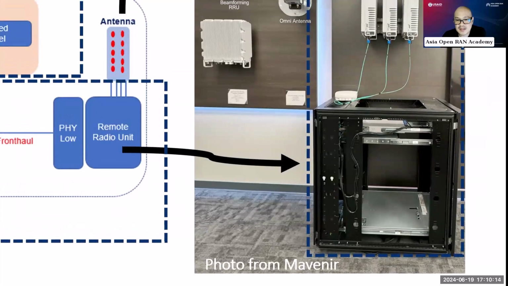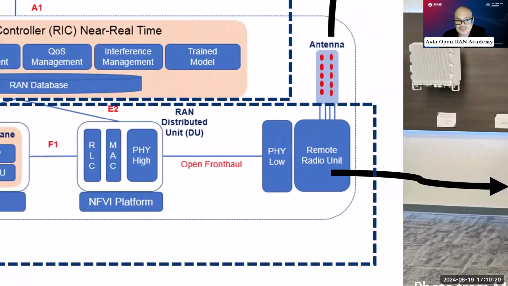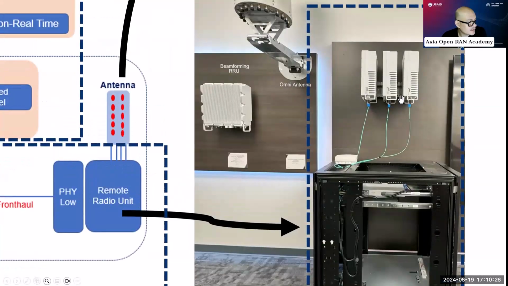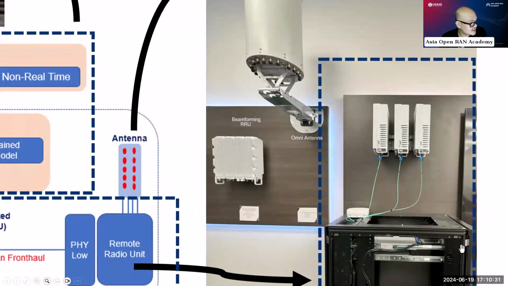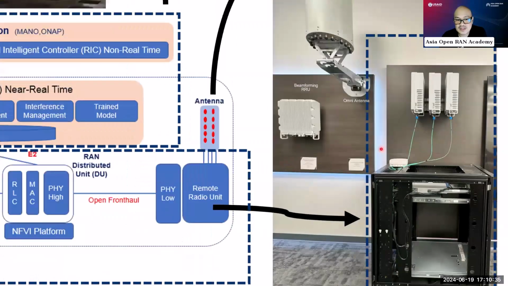It's a typical server, like a Dell server. And then the DU, the distributed unit, is in this part. In this part, the remote radio units are here, and the antennas are the same like this. See here, and sometimes like this. So these are the components.